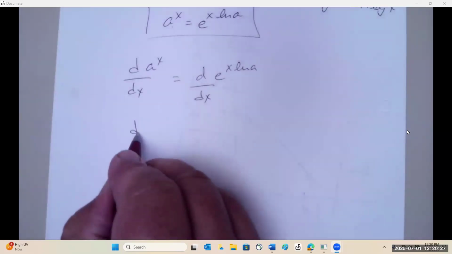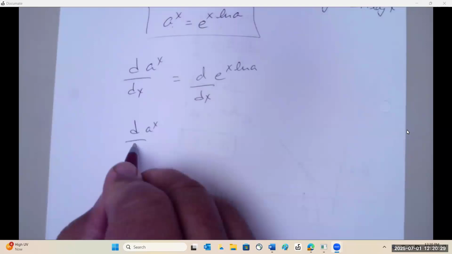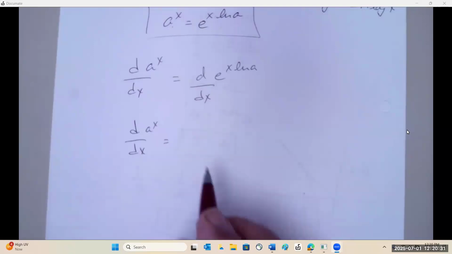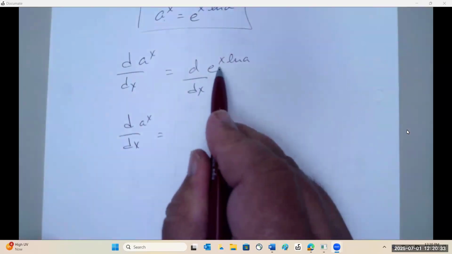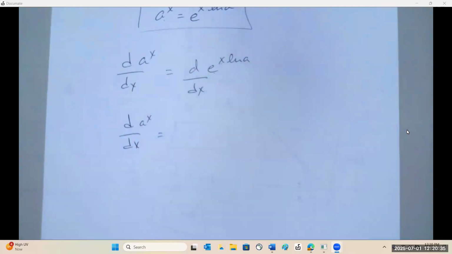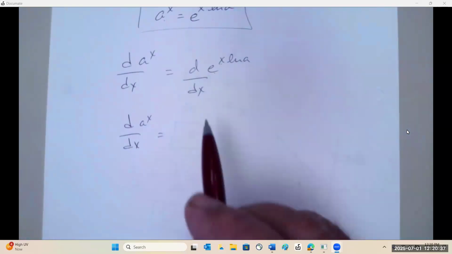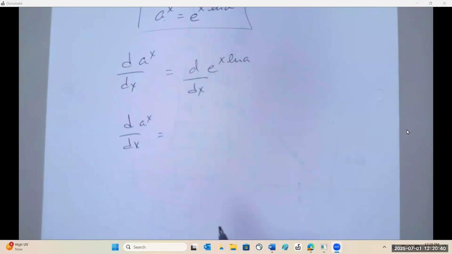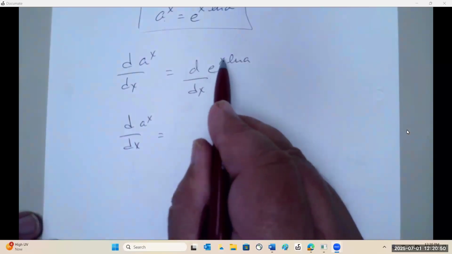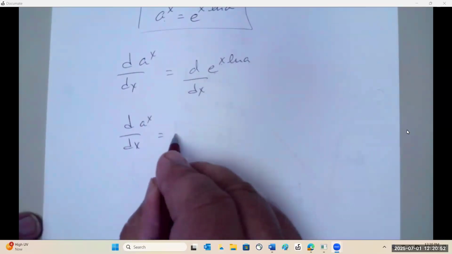So the derivative of a to the power x dx. What's the derivative of e to the power x ln a? What rule are we going to use here? Chain rule. Chain's a safe bet. This will be 90% of the time correct.